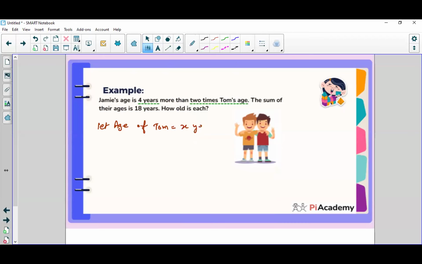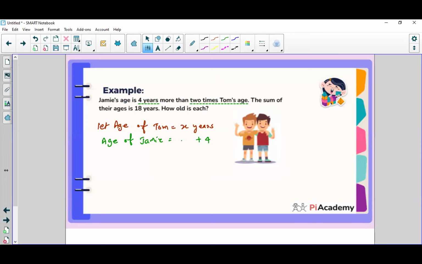Now, accordingly, if you know the age of Tom, you can directly write down the age of Jemmy. See the question statement. Jemmy's age is 4 years more, so you can write plus 4. More means we have to add something. Something is 4 years more than what? 2 times Tom's age.